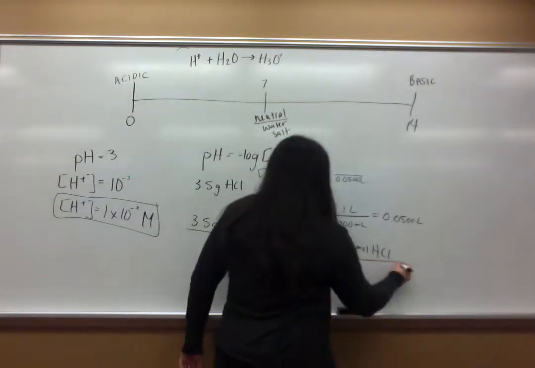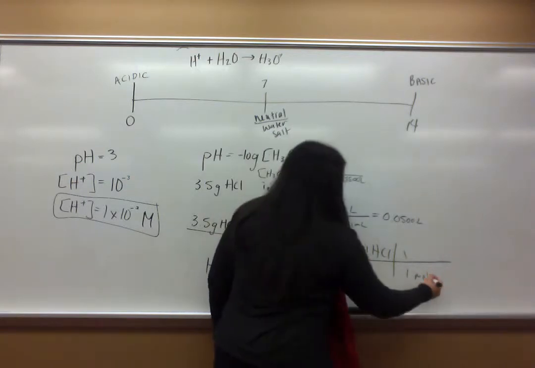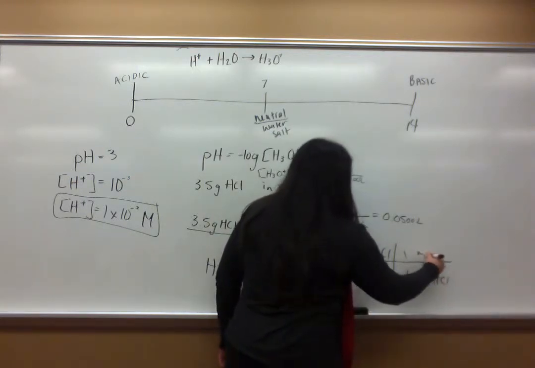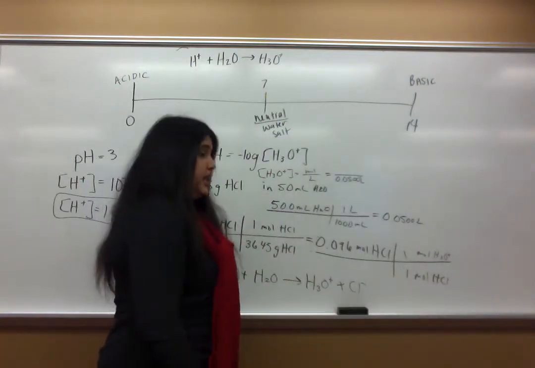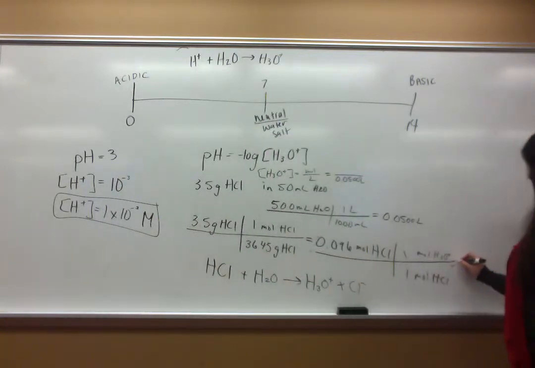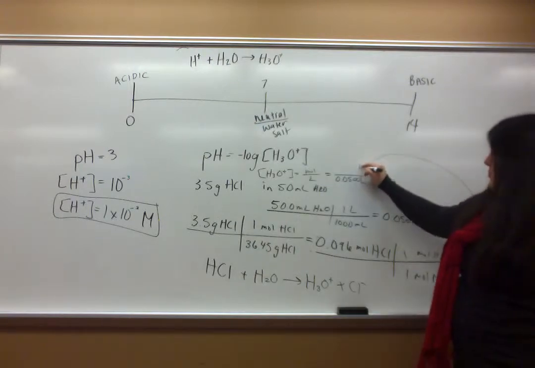So I should be able to convert using my 1-to-1 ratio, 1 mole of hydrochloric acid for every 1 mole of H3O+. I find out that I have actually now 0.096 moles of H3O+.